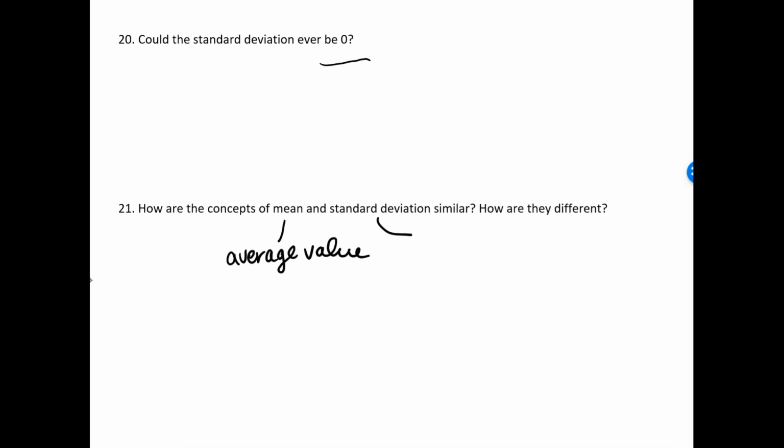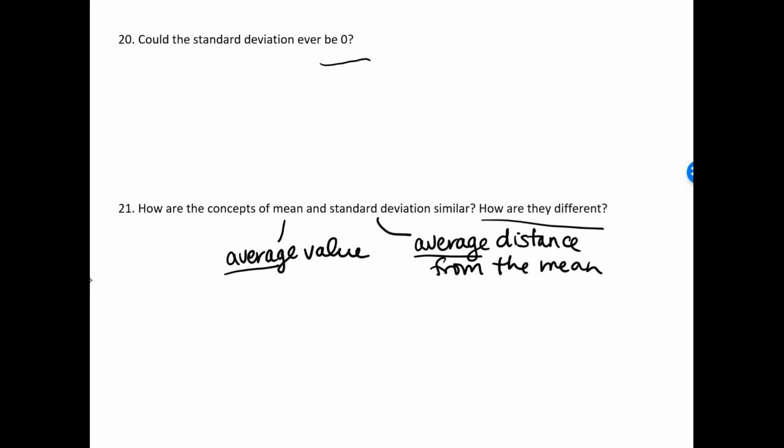When we're talking about the standard deviation, we're talking about the average distance from the mean. So in what ways could we consider those similar? And how are they different? Because they are measuring two different things. What are the two different things they're measuring? How are they similar? How are they different? Some questions to encourage you to think about this concept a little more.